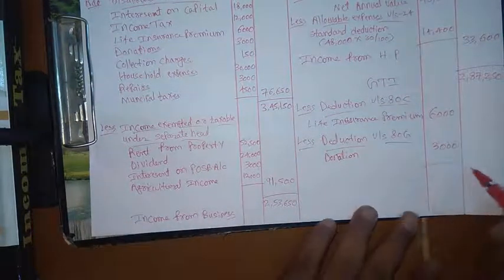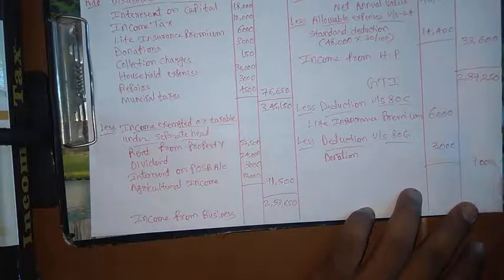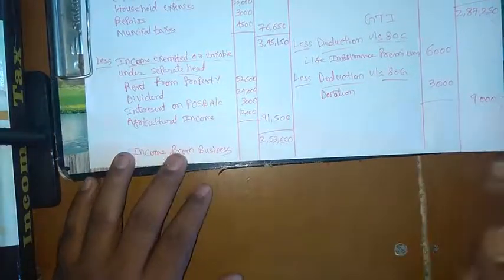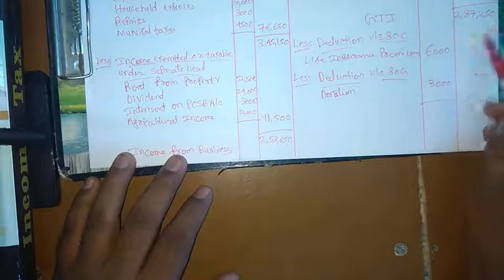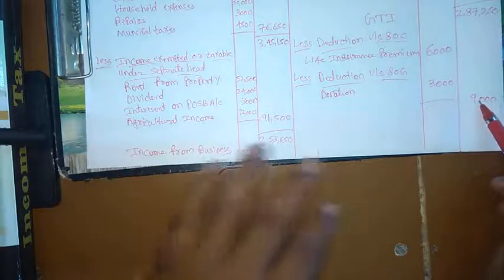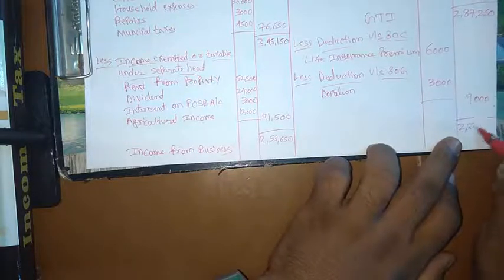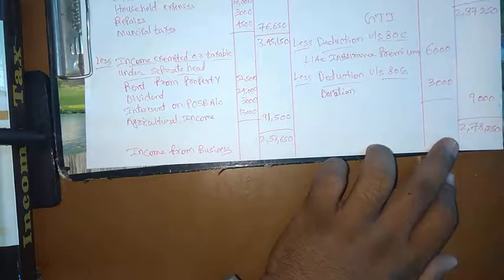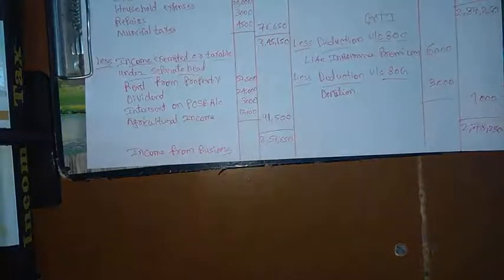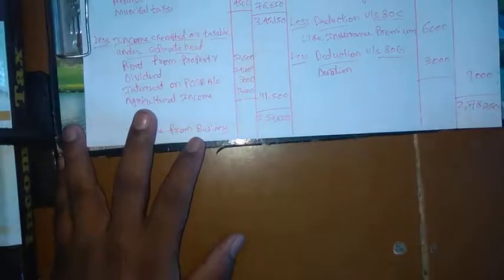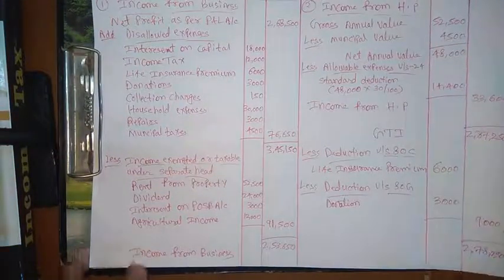Now total deduction is 9,000 rupees. Now 2,87,250 in this less 9,000. So we will get 2,78,250 rupees. This 2,78,250 rupees what we have got is called total income.